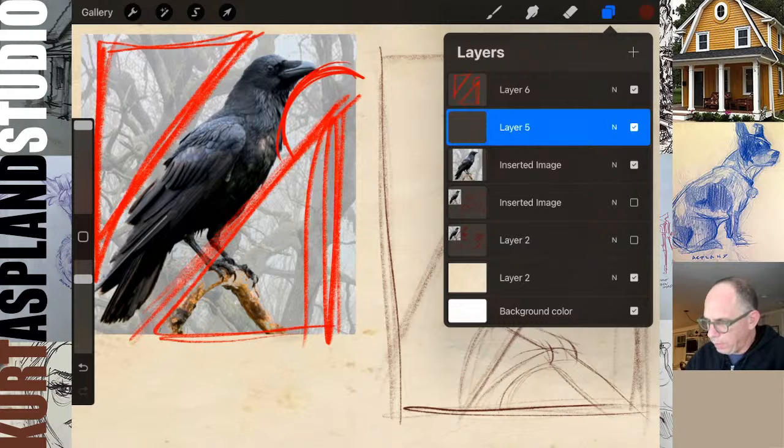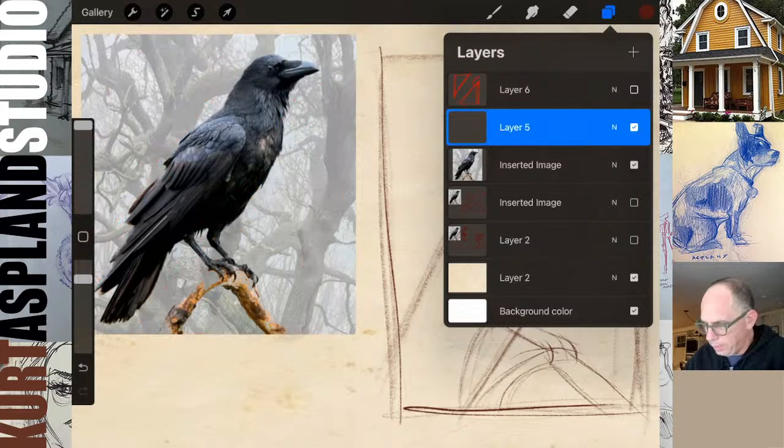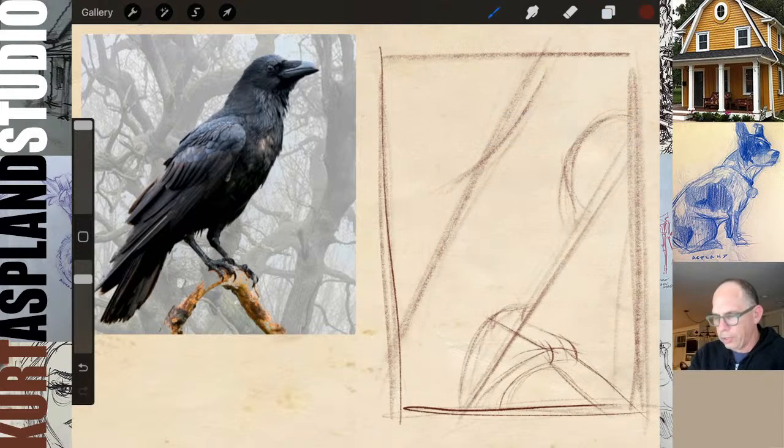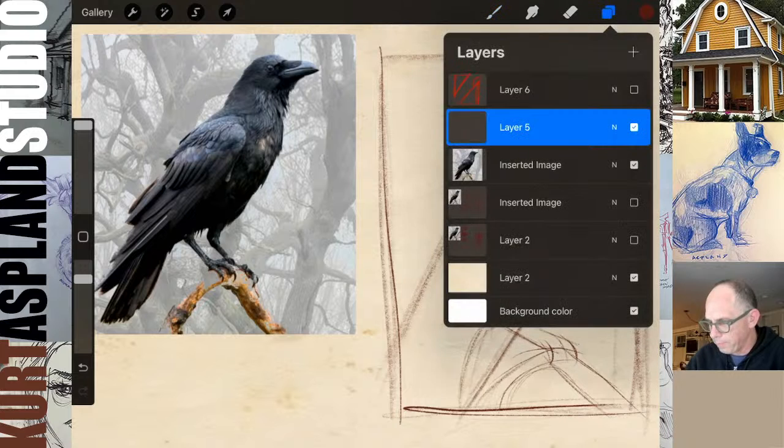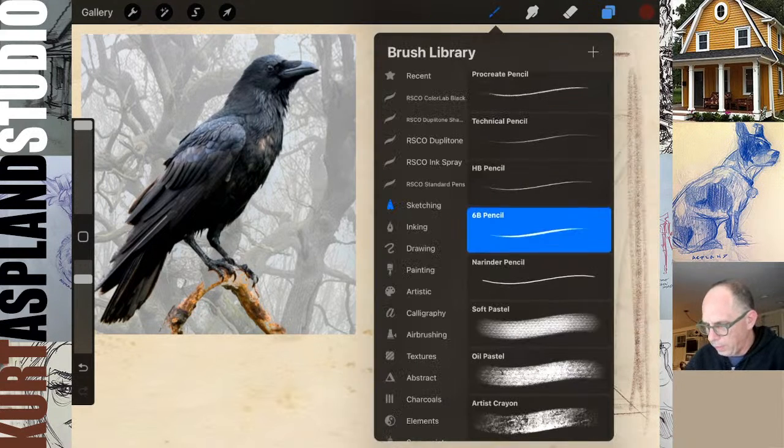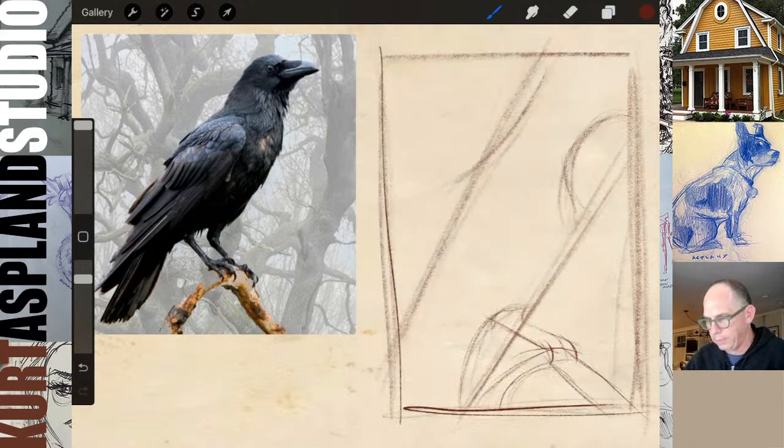All right, I'm going to take away the red stuff now. Now we have our drawing that we can start to draw some construction on, okay? See, this is going to give us a little bit more guidance.